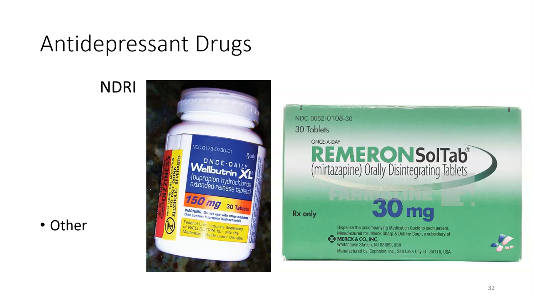It prolongs the actions of dopamine and norepinephrine in the brain. It's used to treat depression, but it's also used for people who are trying to quit smoking. Wellbutrin is the most common brand name of bupropion.